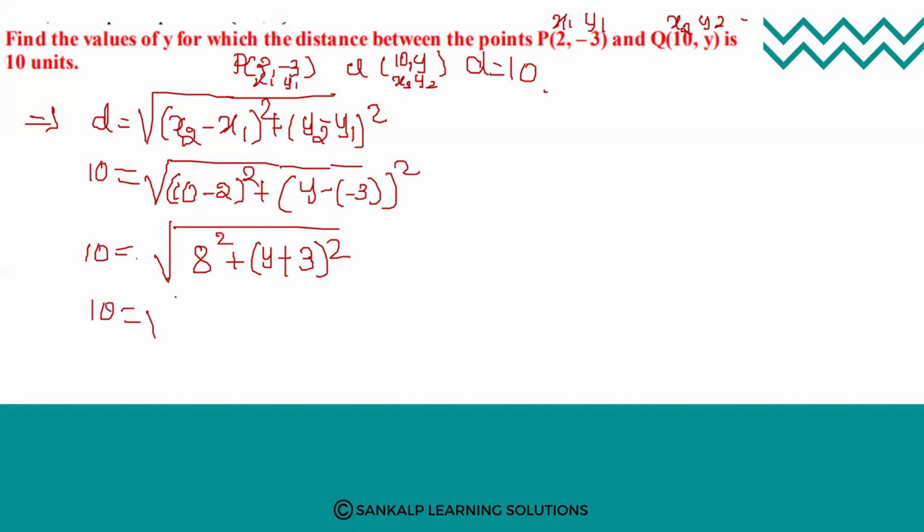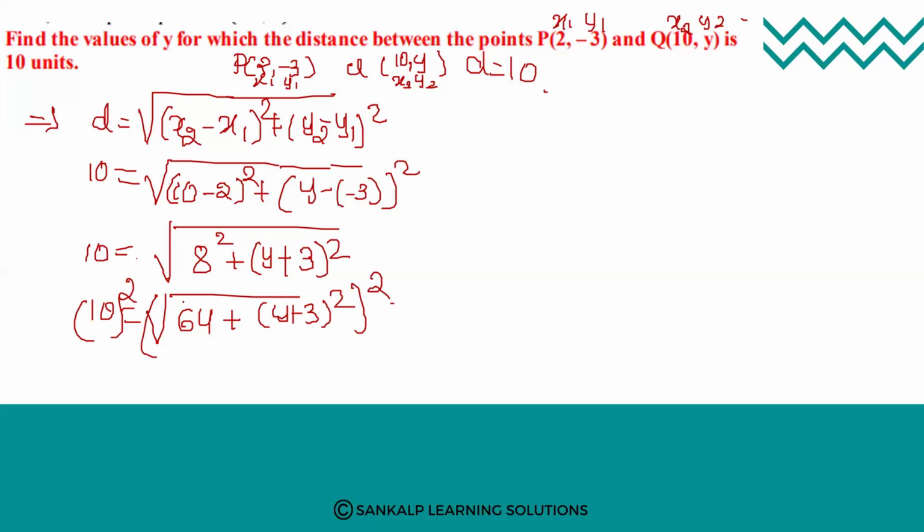So 10 is equal to square root of 8 square, 64, plus (y plus 3) bracket square. Now, in order to remove the square root sign, what will we do?